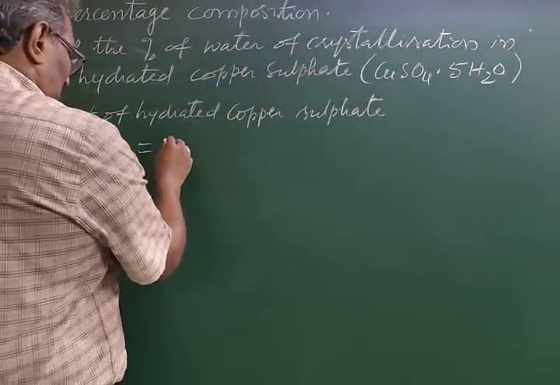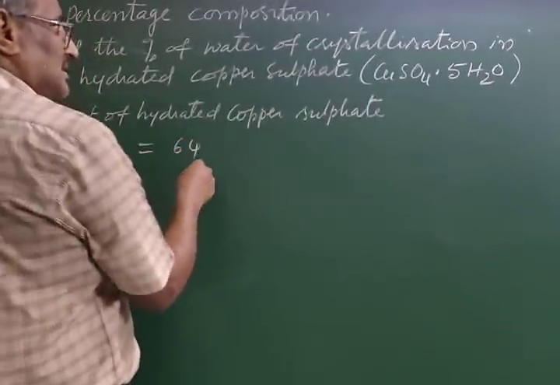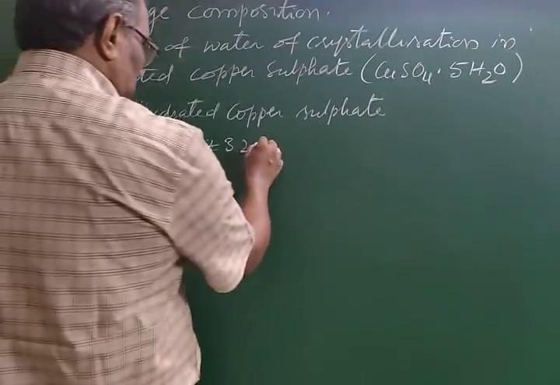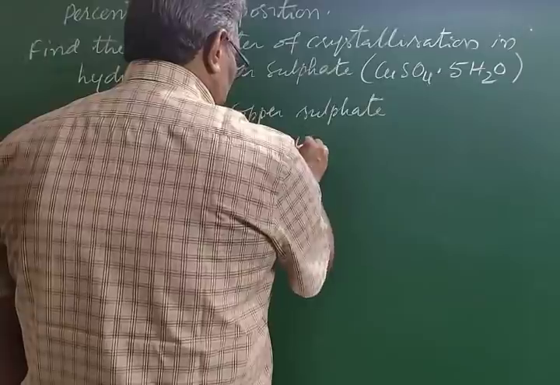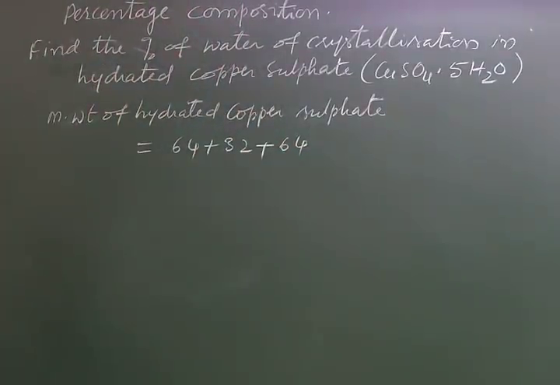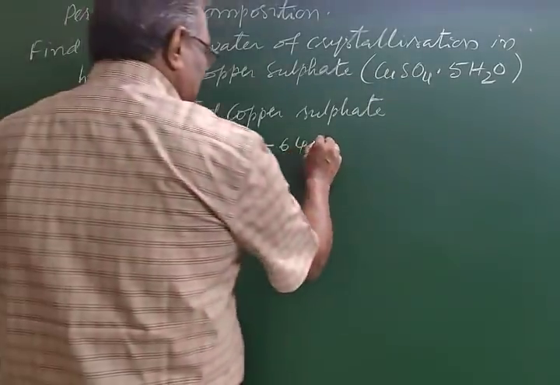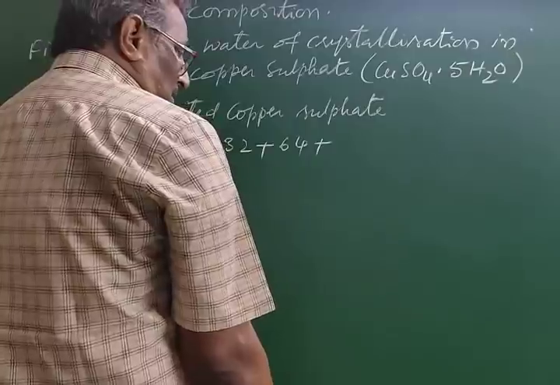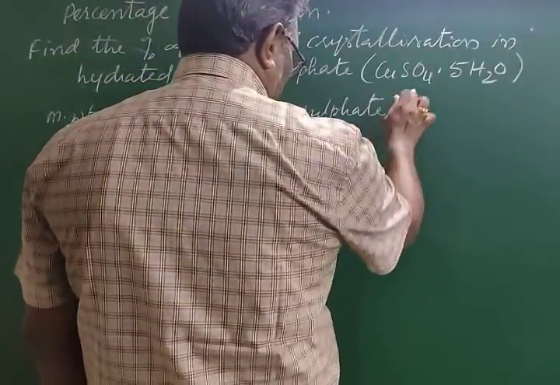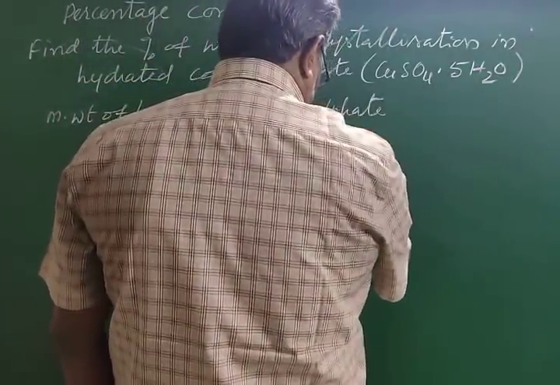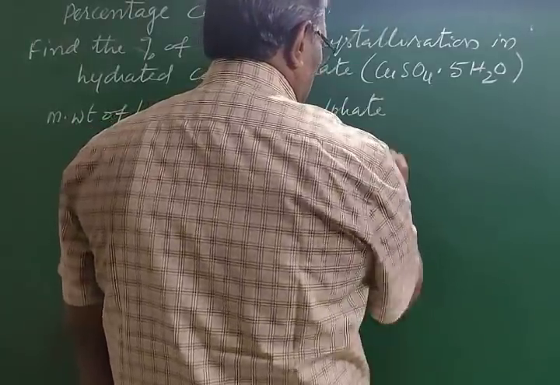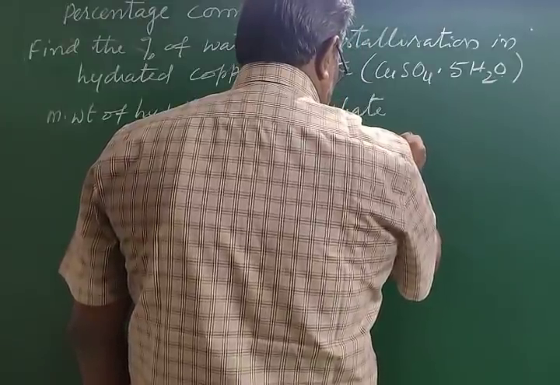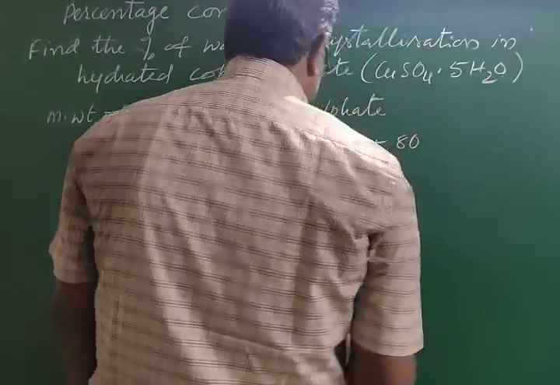Atomic mass of copper approximately 64, plus atomic mass of sulfur 32, plus 4 into oxygen, 4 into 16, 64. Plus the 5 molecules of water: 5 into 2 into 1, 10 hydrogens, is 10, plus 5 oxygens, 5 16s are 80.